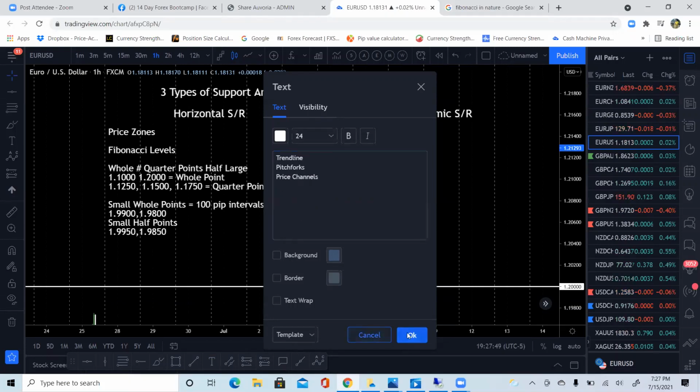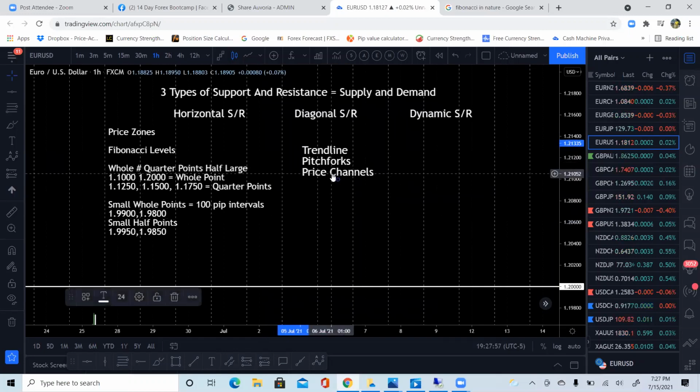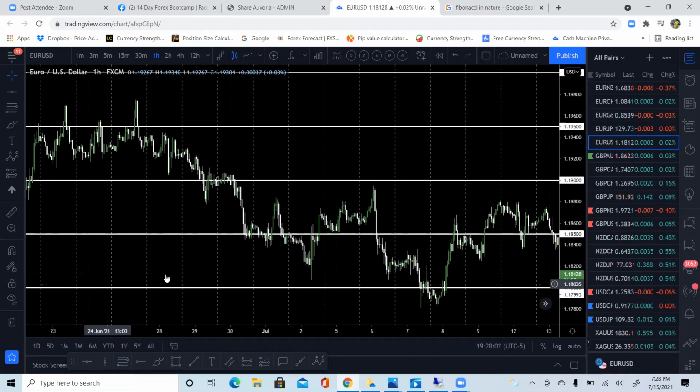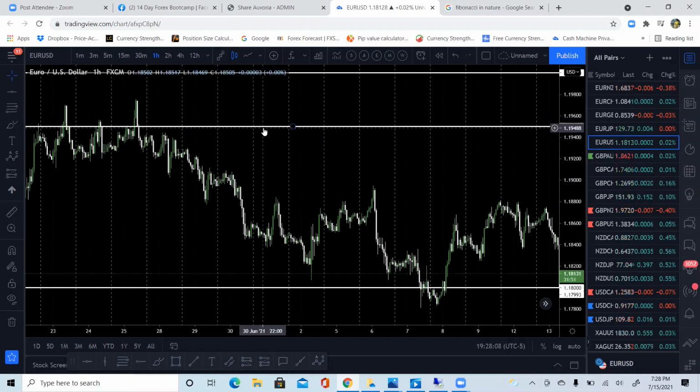So trend lines, pitchforks, and price channels. These are pretty self-explanatory on a description level, but let me show you what it looks like visually. So let's get these out the way. The first one we'll use is a trend line.